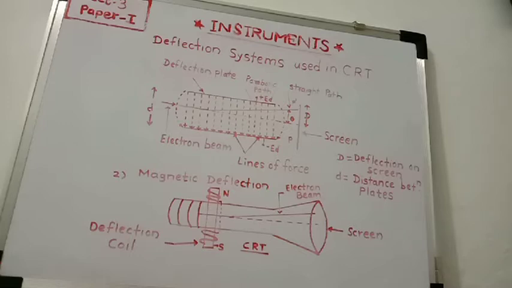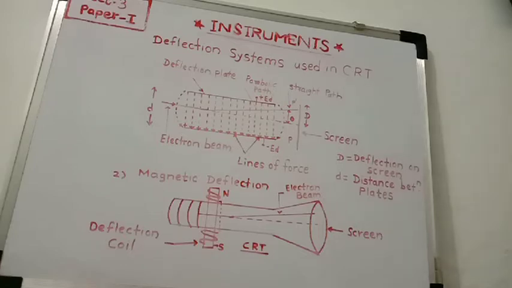In the vertical deflection plates, one pair of deflection plates is used, that is V1 and V2, and in the horizontal deflection plates, the second pair, that is H1 and H2, is used.